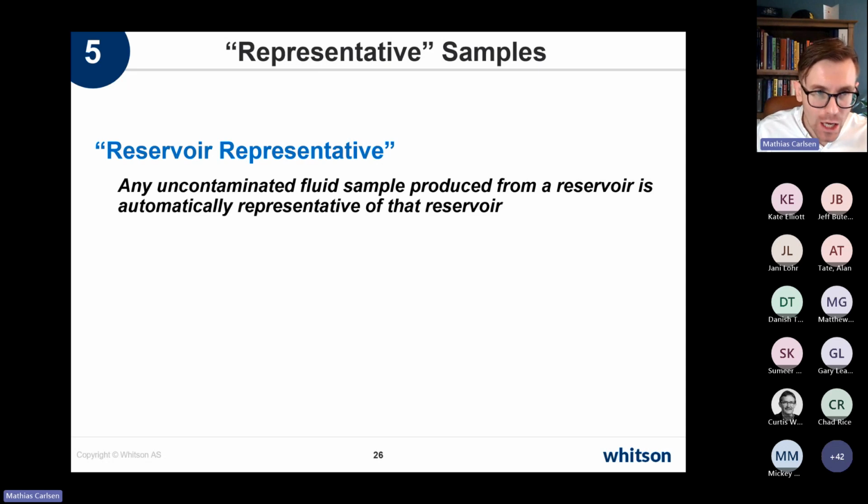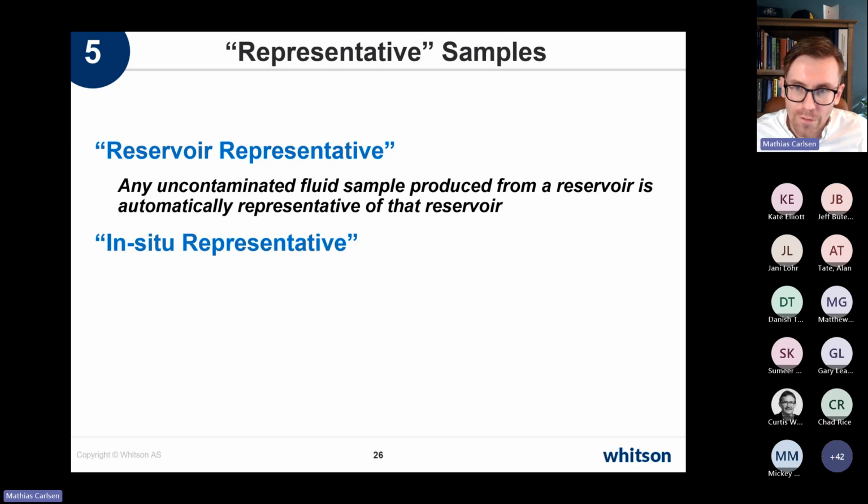That is any uncontaminated fluid sample that's produced from a reservoir. So if you're producing both above and below the saturation pressure, your GOR is changing, it doesn't matter as long as it's not contaminated, which is not really a problem for tight unconventional fluids.